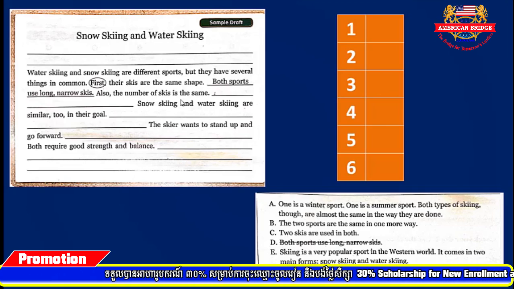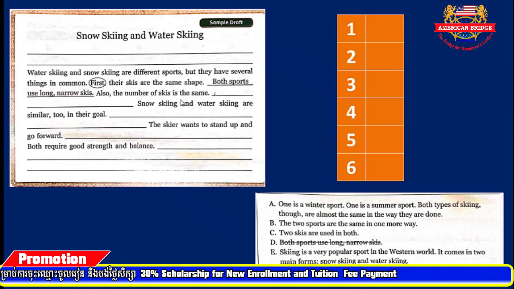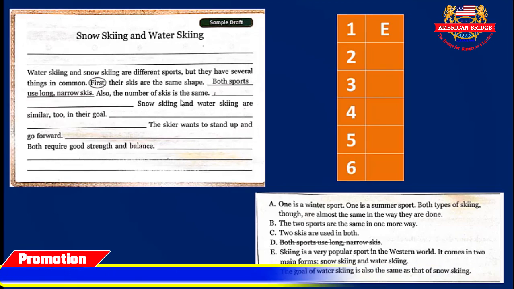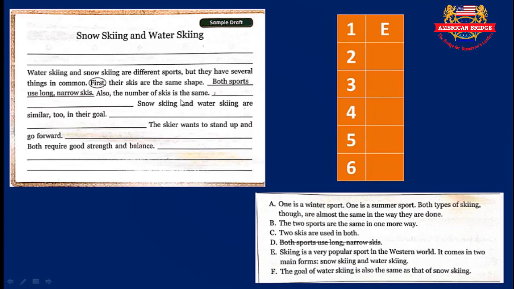So you have to decide first what the topic sentence is, everyone. The topic sentence is letter E: skiing is a very popular sport in the Western world. It comes in two main forms, snow skiing and water skiing. So this is the topic sentence.